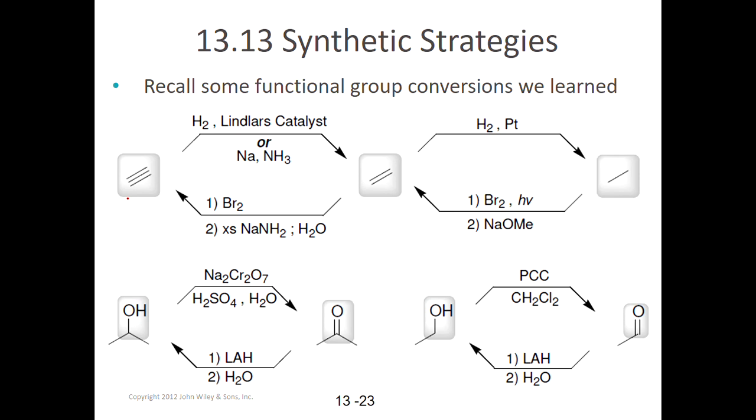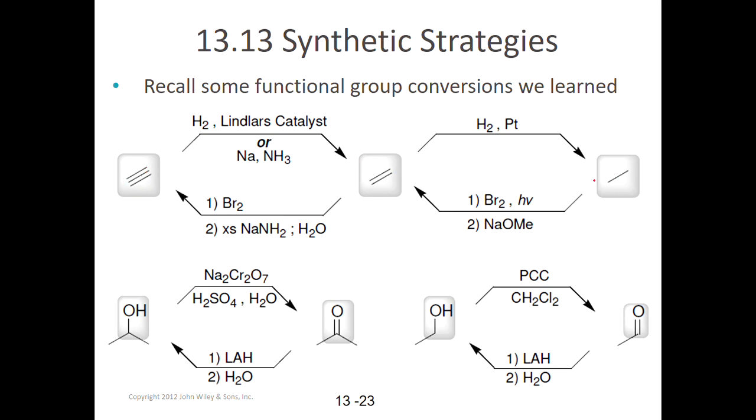Since this is organic chemistry, we're more interested in synthesis. We're more interested in putting reagents together and controlling the outcome. And now that we've added some reactions to our bag of tricks, we can recognize we've got ways to reduce alkenes.